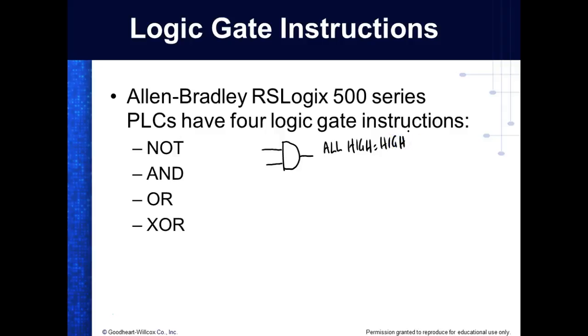Now, in digital, we can AND as many, basically, as we do. On PLCs, we're going to AND 2 bits at a time. So your logic function is going to deal with 2 bits at a time. We'll show you how we can string these together to get as many ANDs as we possibly need.